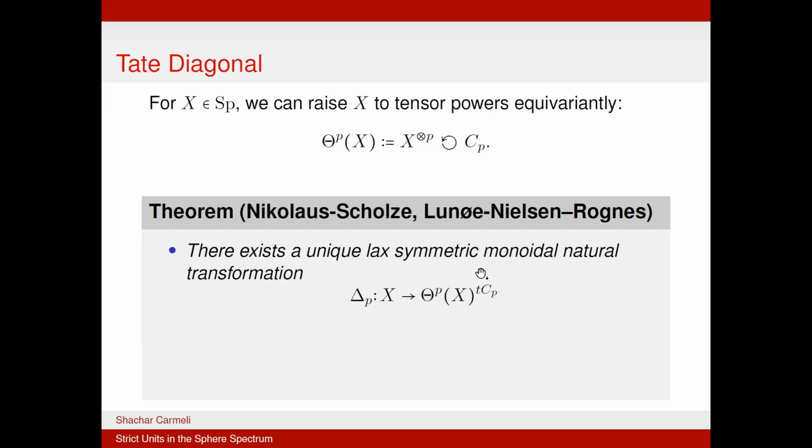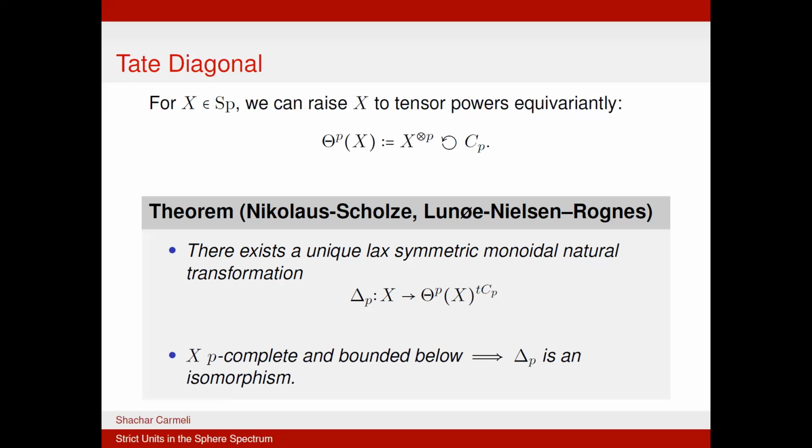The idea is that this should come from the fact that spaces have a diagonal map going from X to X to the P, which is invariant under the cyclic permutations, and this is a spectral analog, the Tate construction being the thing you have to replace the fixed points we had before.